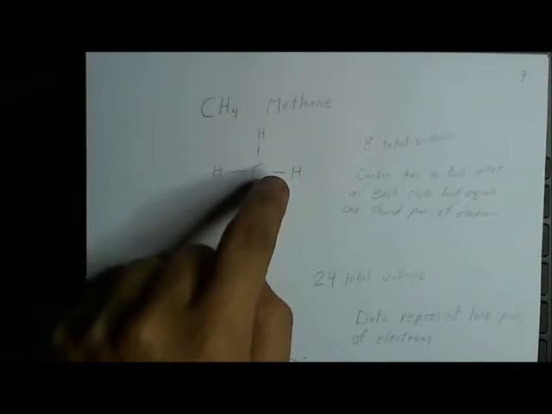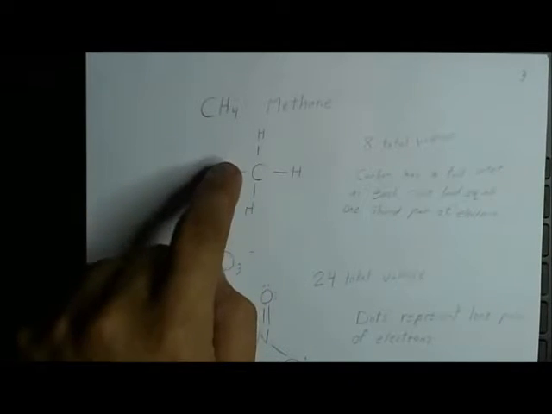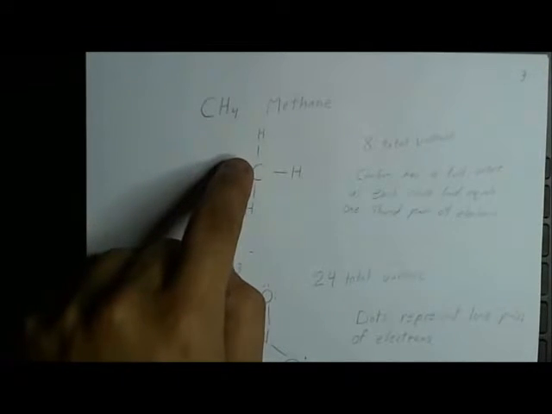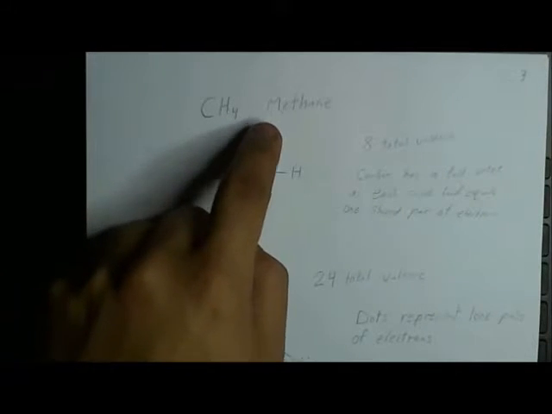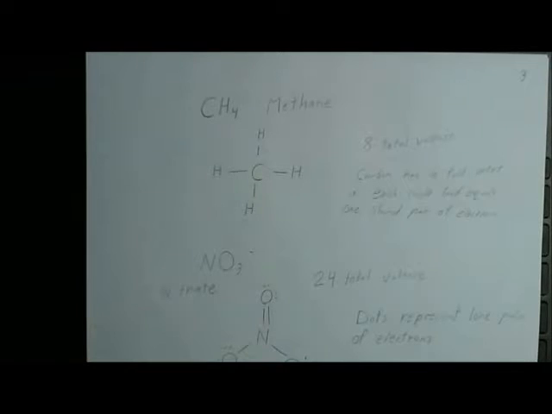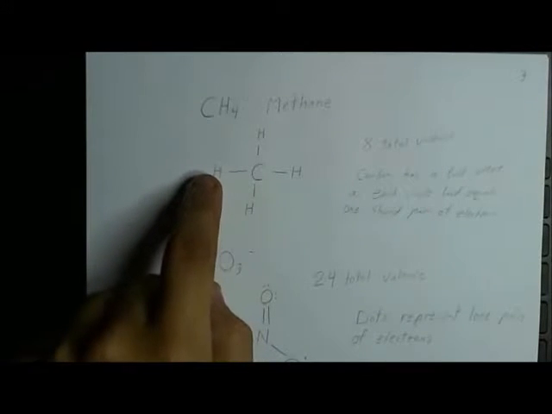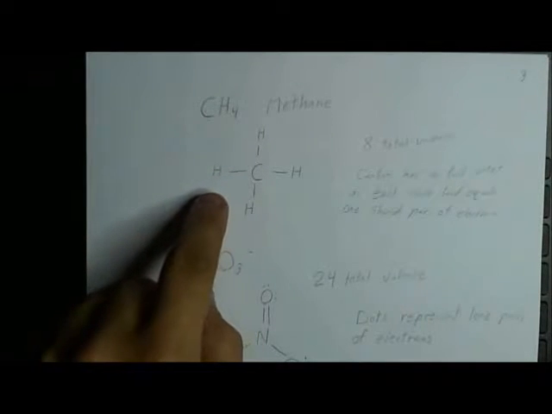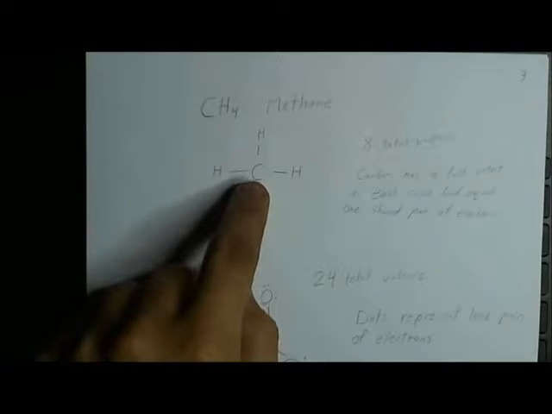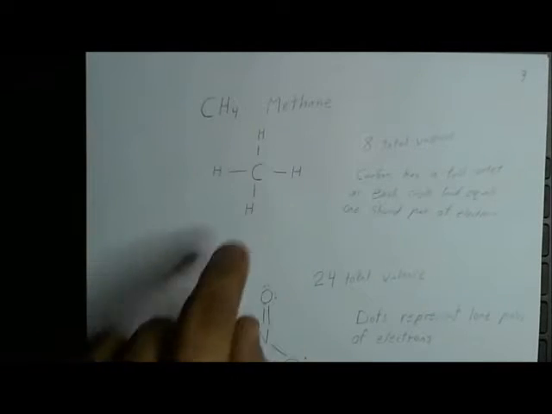Each line represents a shared pair of electrons, so that would be 2 valence electrons for each line for carbon, and 2 for hydrogen. So therefore hydrogen has a full valence shell of 2, since hydrogen is the only one that has a valence shell that maxes out at 2, and carbon has its full shell at 8 valence electrons.